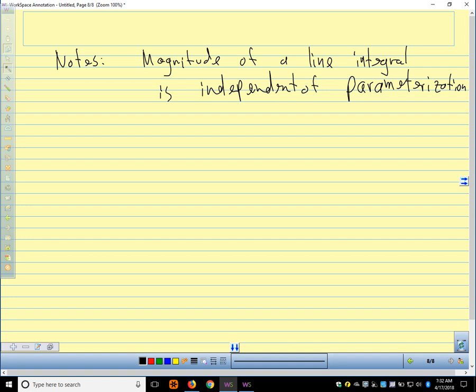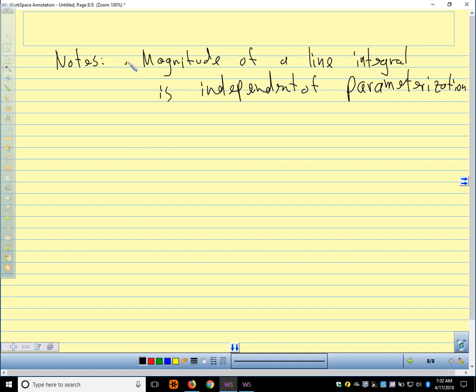We can parameterize our curve however we want. The magnitude of our line integral is not going to change. So the amount of work done, or the mass of a wire if we're talking about a scalar line integral, is not going to change depending on how we describe the curve.